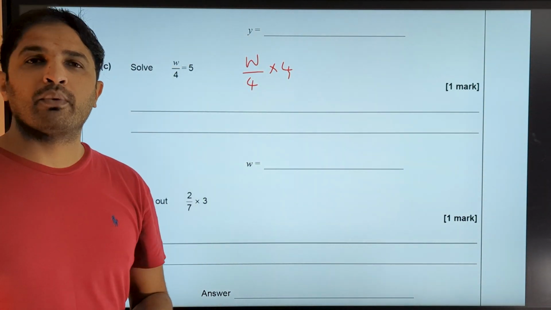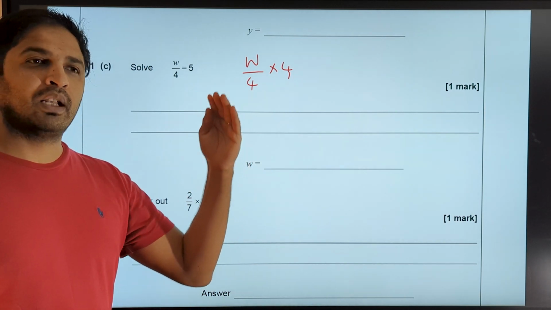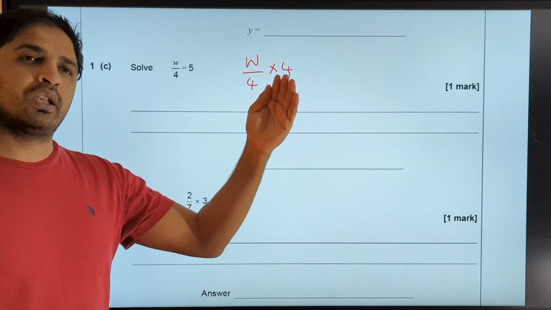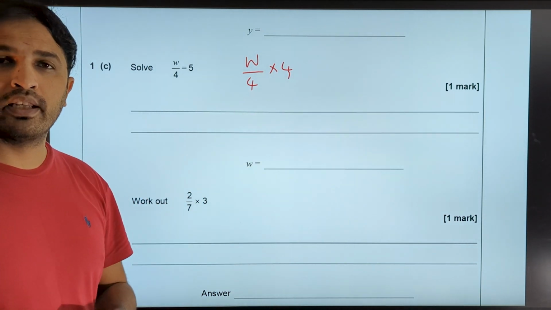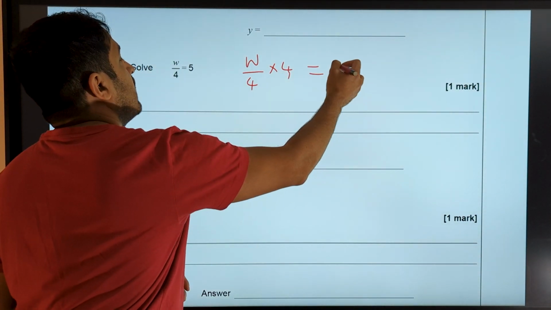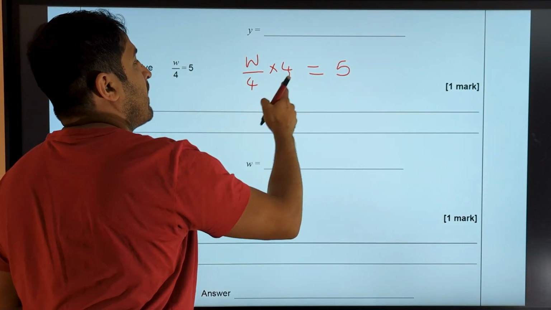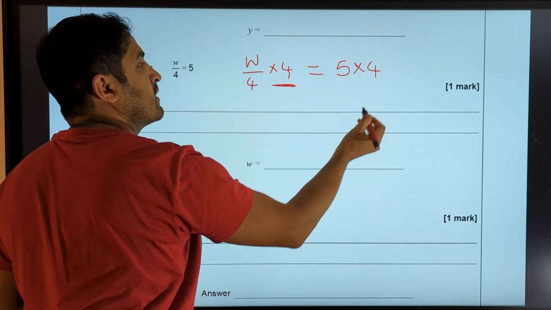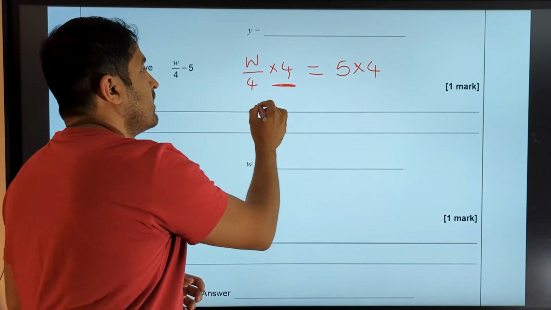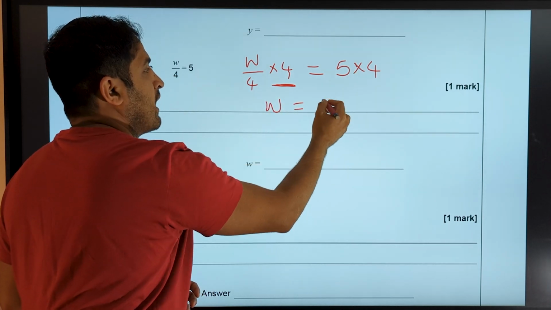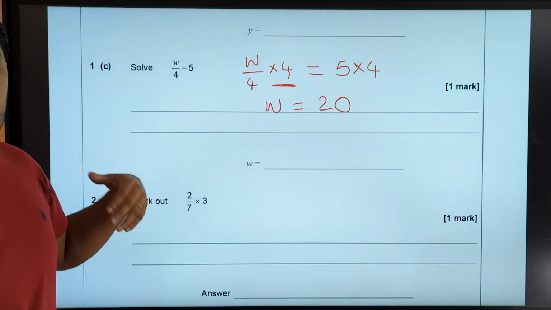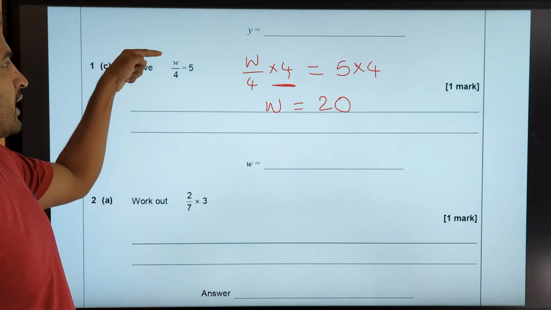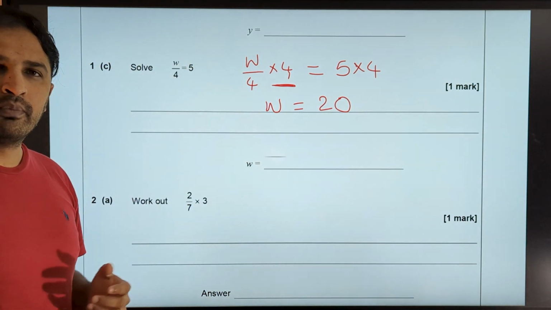For example, you start with 10, multiply by 4, that gives you 40, then divide by 4, that gives you 10 again. Okay, and on the other side, 5. If I multiply this side by 4, I need to multiply that side by 4 as well. So we would get W equal to 5 times 4, which is 20. Again, you can check your answers. 20 divided by 4 would give you 5.